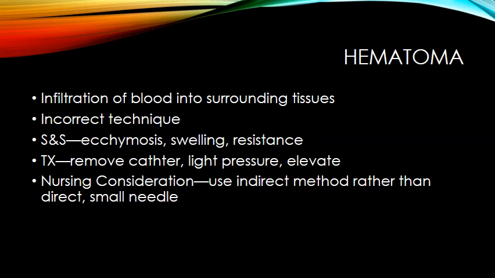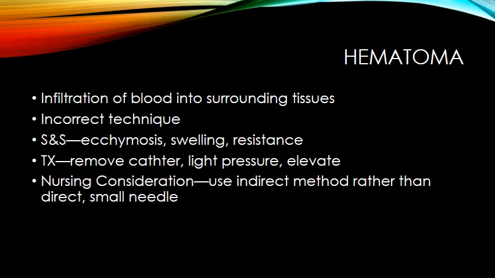Signs and symptoms that you may see: ecchymosis around the site, swelling, and discomfort. You may not be able to advance your cannula all the way into the vein, and you may have resistance when you flush. Treatment, we would take the catheter out. Apply light pressure over the site after you remove it.